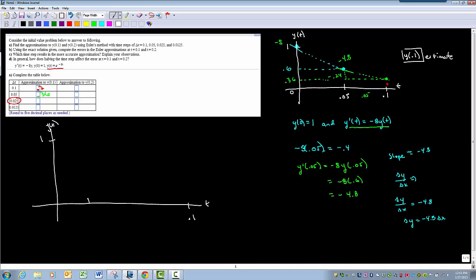So if we change these by 0.025, this guy's 0.025, this guy is 0.05, and this guy's 0.075. So each of these, the change in t is 0.025.